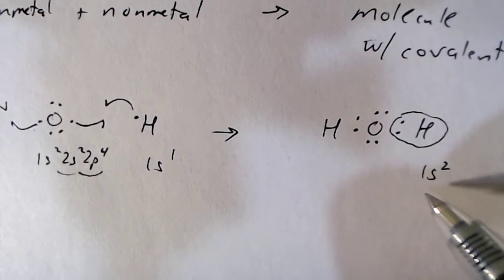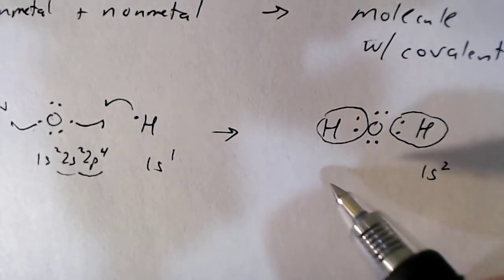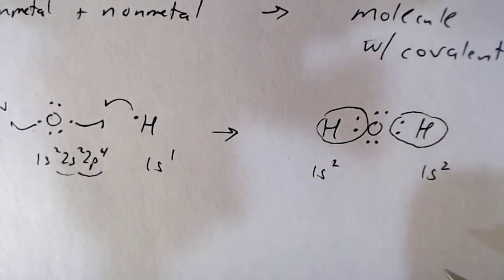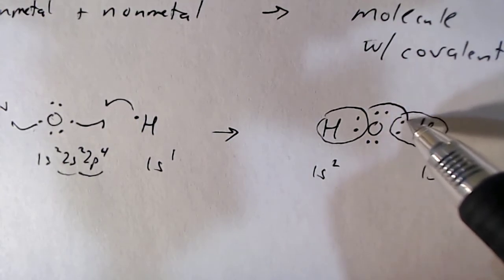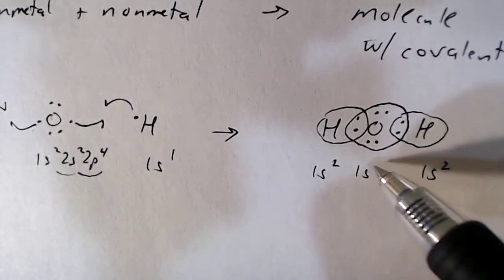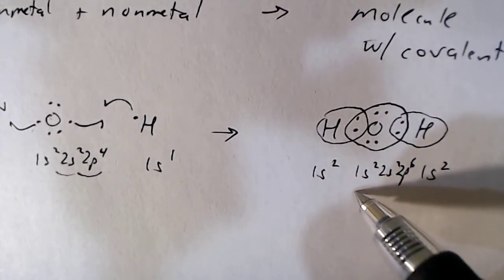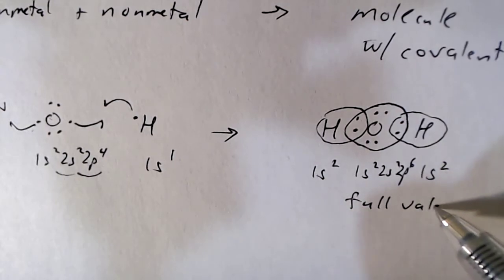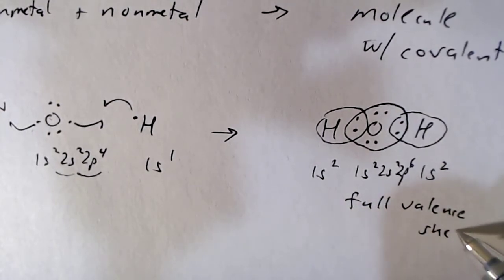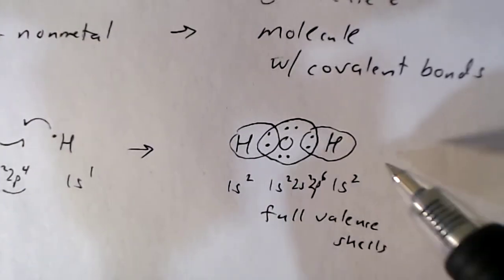Nice. That's the same as helium. And this hydrogen also now has 2 valence electrons around it. Very nice. The same as helium, the most nearby noble gas. And this oxygen now has 8 valence electrons around it, just like neon, the most nearby noble gas. So all of these now have full valence shells. This is very stable for all of them.